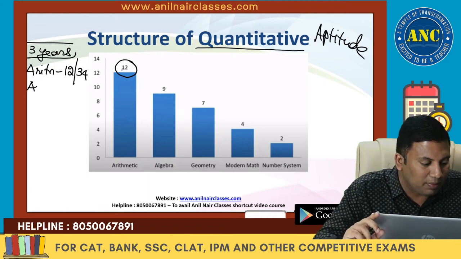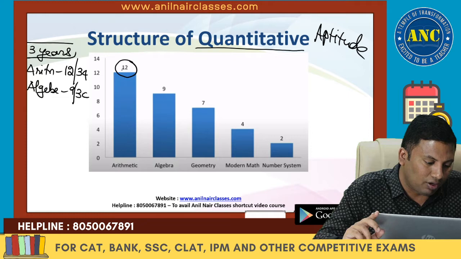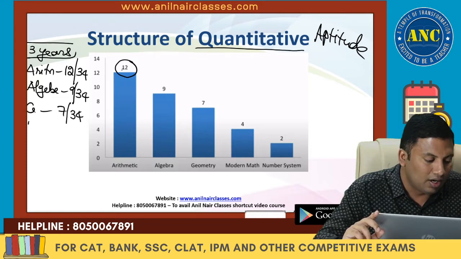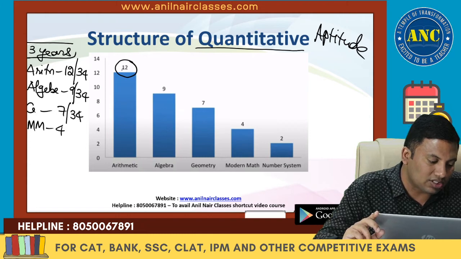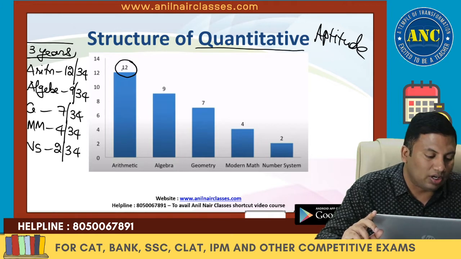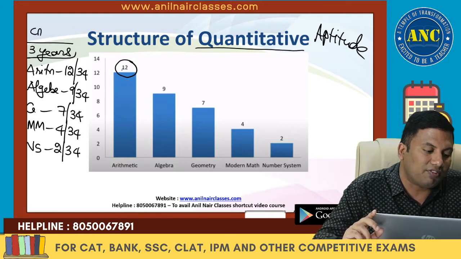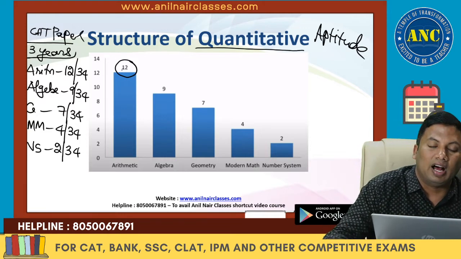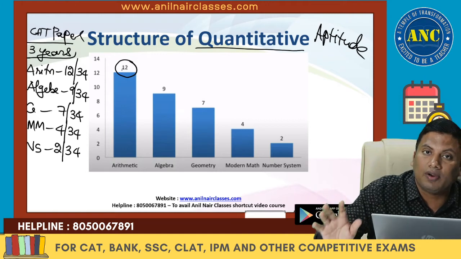And algebra, close to 9 questions are coming out of 34. Geometry, 7 questions are coming out of 34. Modern maths, 4 questions are coming out of 34. Number system, 2 questions are coming out of 34. So if I take the last 3 years of CAT papers, predominantly the most important topics are arithmetic and algebra. Arithmetic, close to 12 questions are coming.